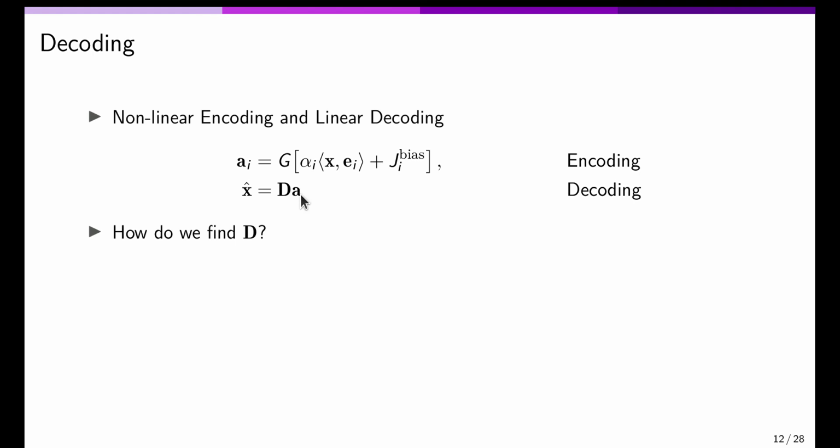I want to take my activity, a bunch of neurons with some activity, multiply that by some matrix, and have that give me my estimate of X. Why do I want to do this? There are tons of other computations I could do. Why this one? The reason is, again, I want to start with as simple as possible and only add complexity when I need to.